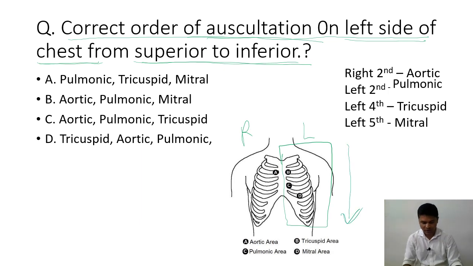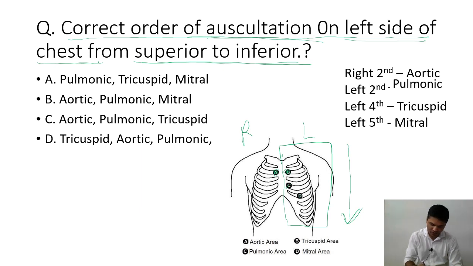We have right second intercostal space as aortic area, and the left second intercostal space as pulmonary area. Then in fourth intercostal space we have tricuspid area, and in fifth is mitral.